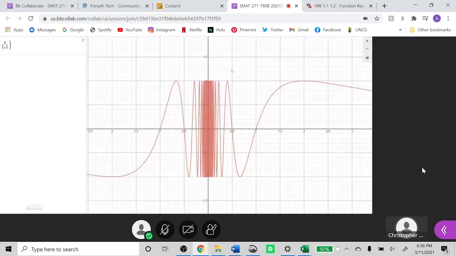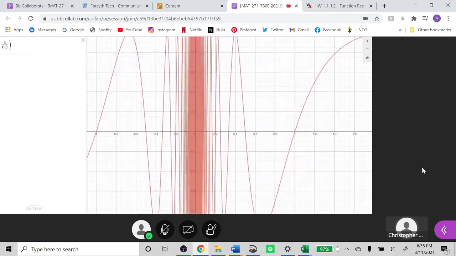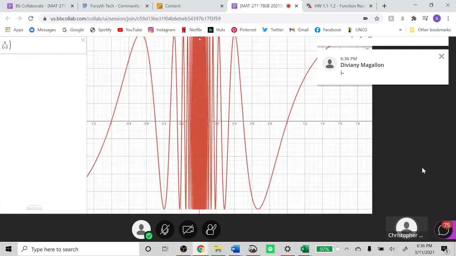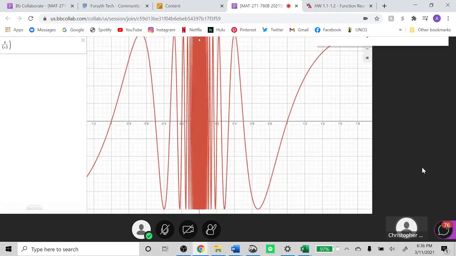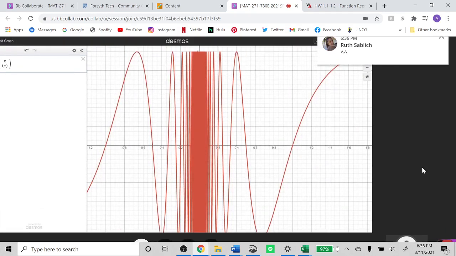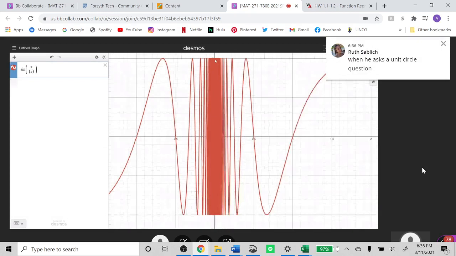If your heartbeat looks like this, you need to go to the hospital. So what do you think is happening here? What do you think is happening as we get close to 0? Why do you think we're just wrong about this limit? What's happening as this function's getting close to 0?